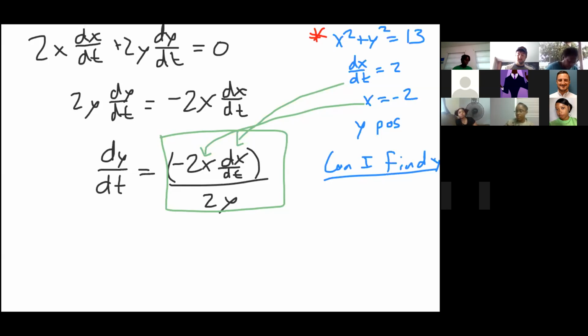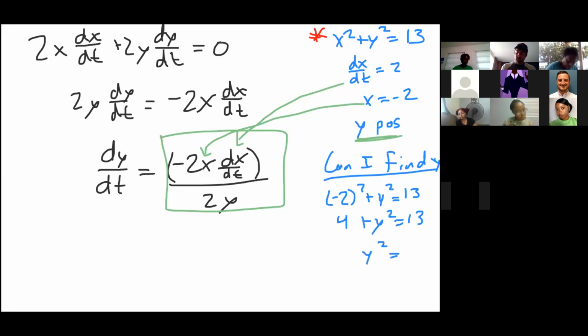So plug the x in, and this is where that condition, which seemed kind of obscure at first, comes in: y needs to be the positive value. So plug in x being -2. So this is -2 squared plus y squared is equal to 13. -2 squared is 4, so 4 plus y squared is equal to 13. And that tells me y squared is equal to 9.